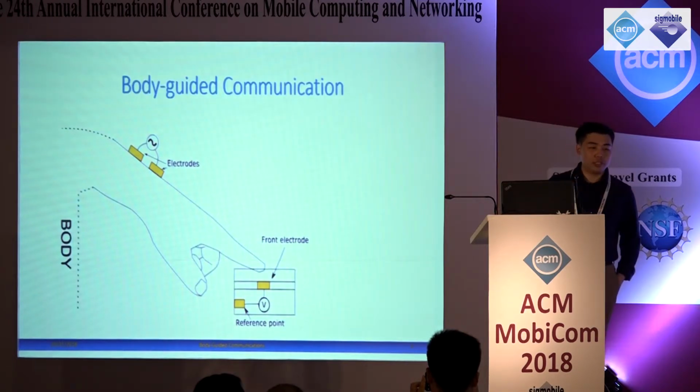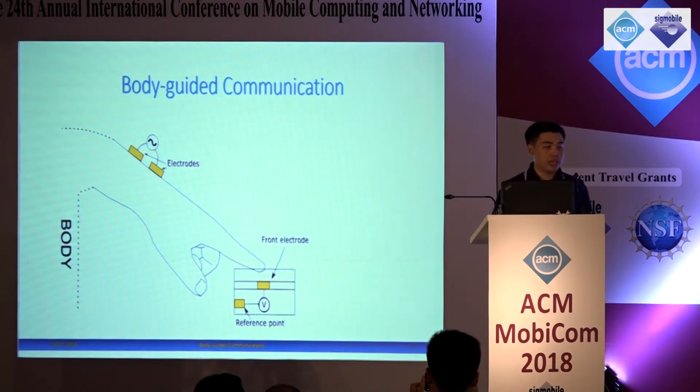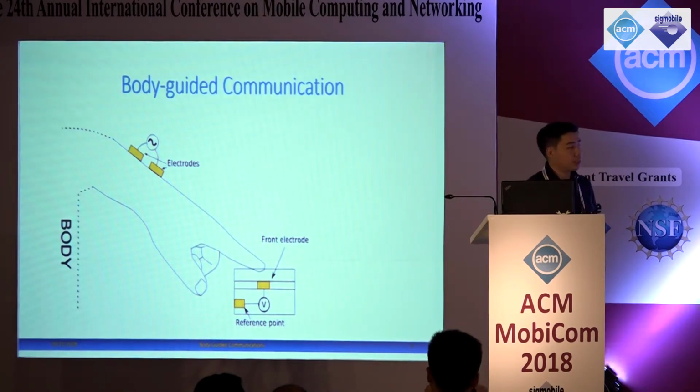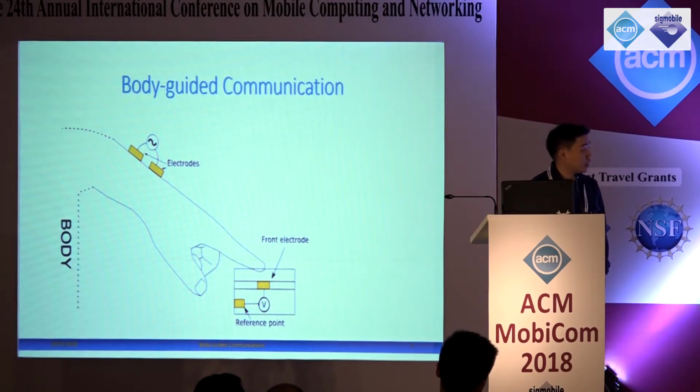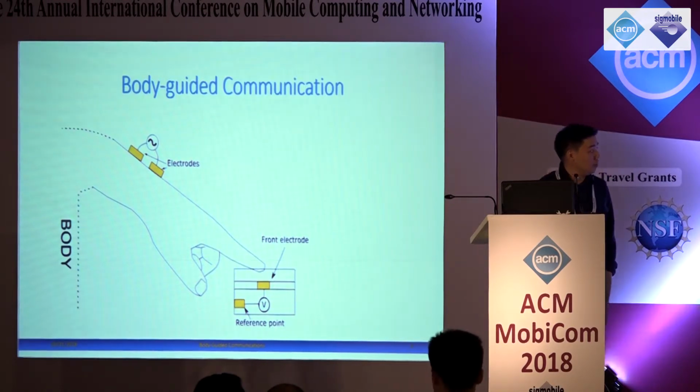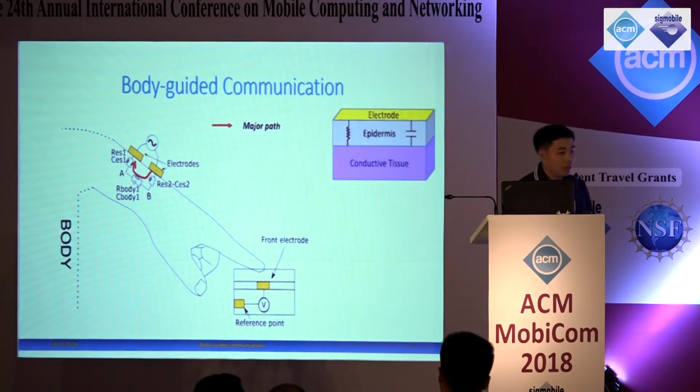So in order to overcome these challenges, we propose the body-guided communication. The key difference in our technique is the combination of the direct skin contact at the transmitter and the double capacitively coupled receiver. The two electrodes inside the transmitter are powered by an AC signal power generator. Inside the human body, there are conductive tissues which are separated from the electrode by a layer of skin's epidermis.